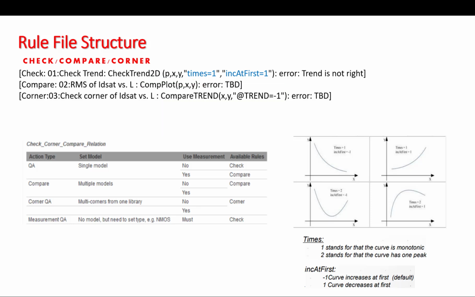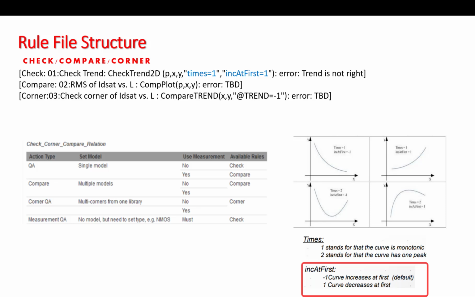The check chain 2D here is a check function to check the trend of the model. It has two variables, the times equals 1, the INC at first equals 1. And there are two values for the times, 1 and 2. 1 stands for that curve is monotonic. 2 stands for the curve has one peak.